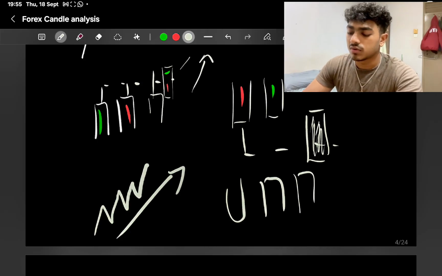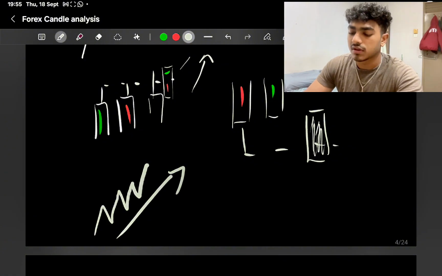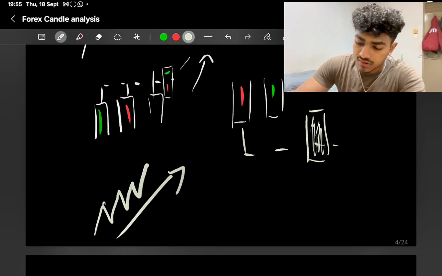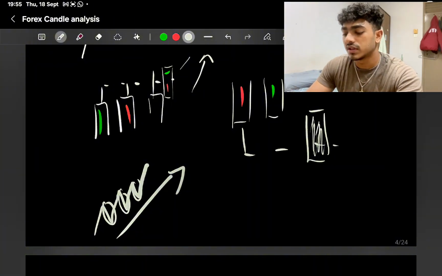No, you're not going to do that. So to increase your probability of making profit, you want to trade with the trend. You're not going to follow these small little down movements.